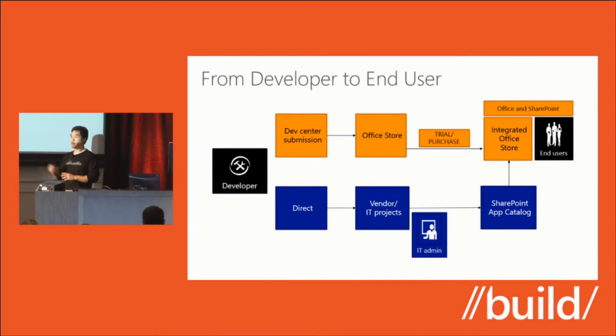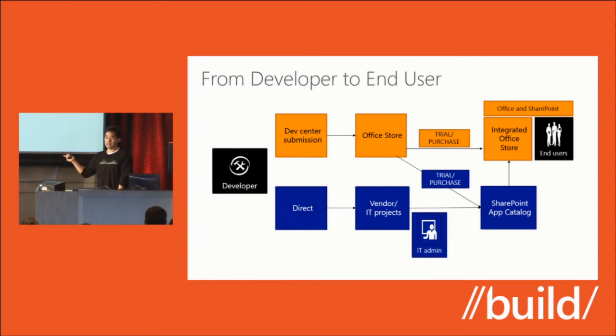In both cases, both the Office store and the SharePoint app catalog, when you go to insert an app for Office, for example, in the Office experience, it will show you, and you can choose, depending on how you signed in, whether you signed in with a Microsoft ID for the Office store, or you used your O365 ID to sign in to your app catalog, essentially.